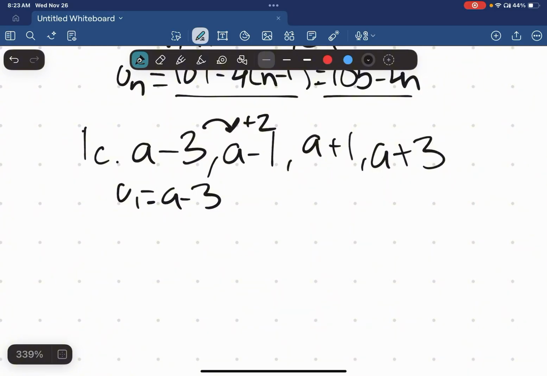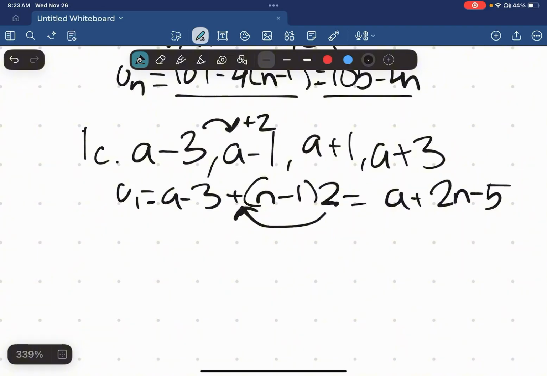So it's plus (n minus 1) times 2. I just wrote it backwards; usually I would write the difference here, but I blanked out for a second. That simplifies to a plus 2n minus 5.